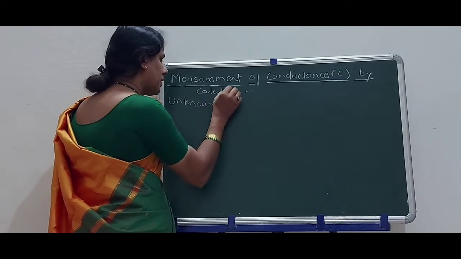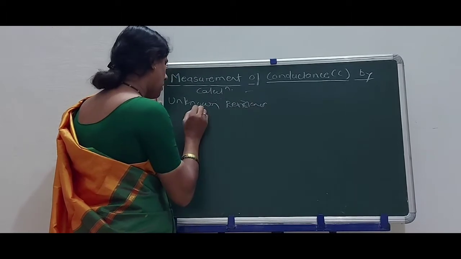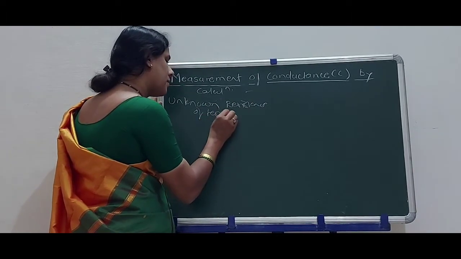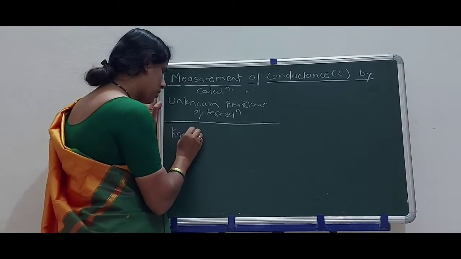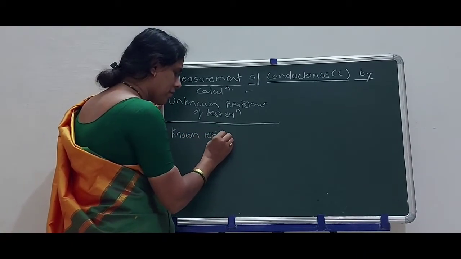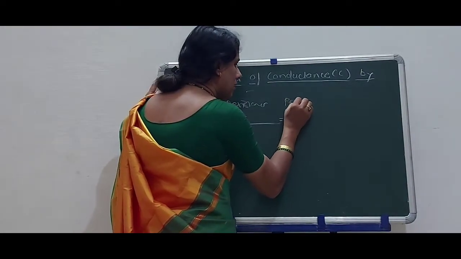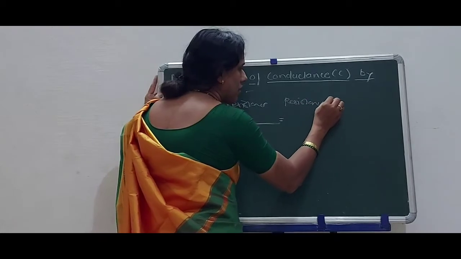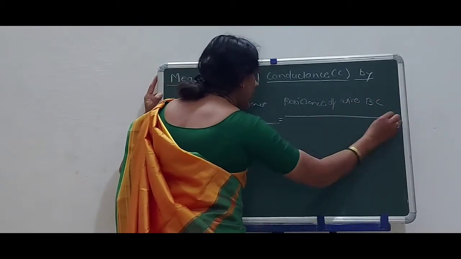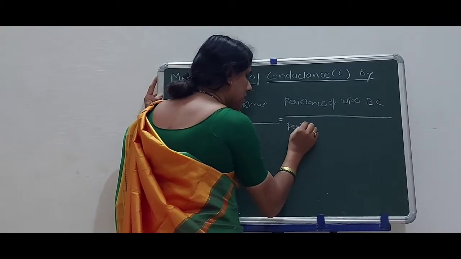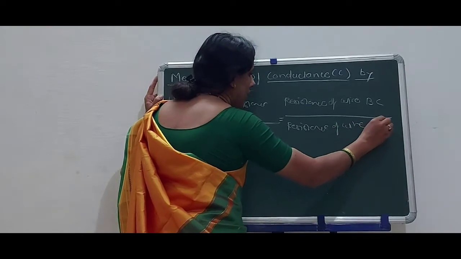Calculation. Unknown resistance of test solution divided by known resistance is equal to resistance of wire BC divided by resistance of wire AC.